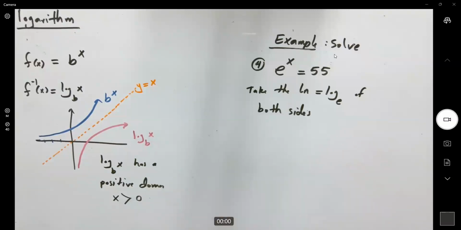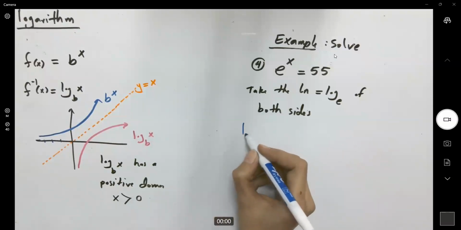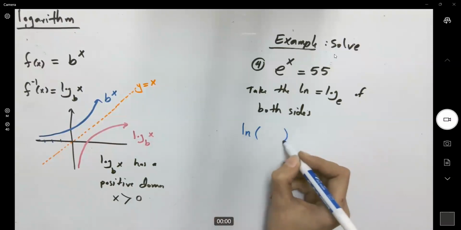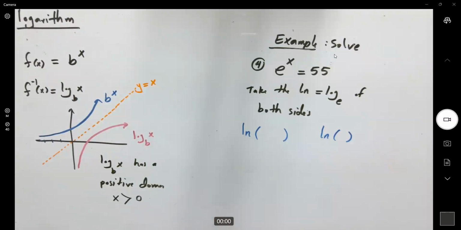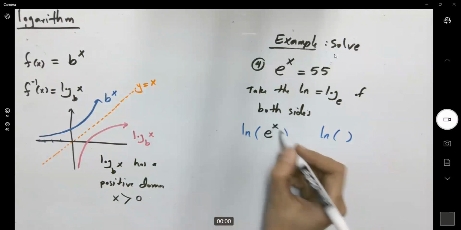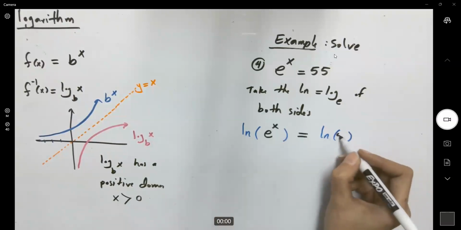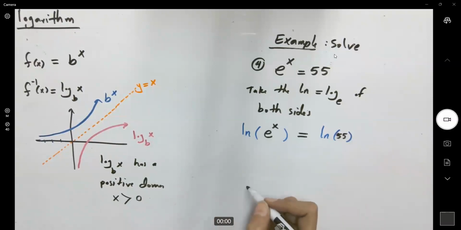Okay, this is new. It's not actually very new. We saw these properties before. ln of the left-hand side is equal to ln of the right-hand side. ln of e to the x is ln of 55.